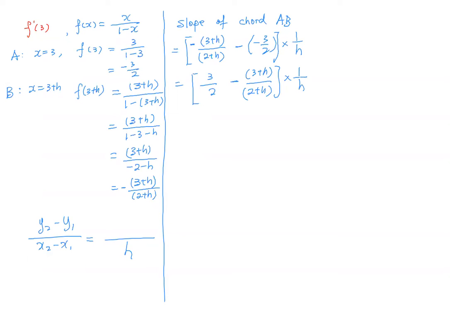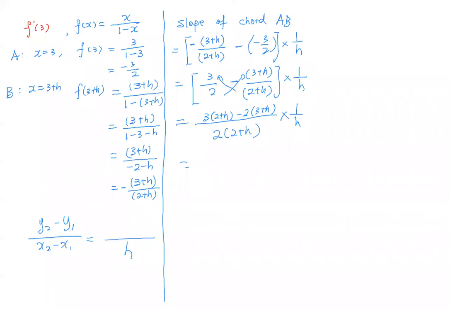Now, I do this: 3(2 plus h) minus 2(3 plus h), times 1 over h. Then I simplify.